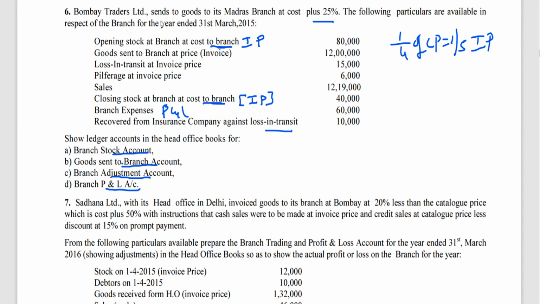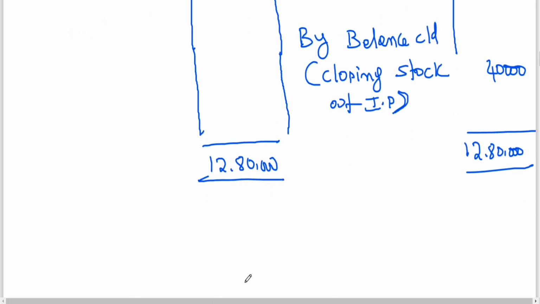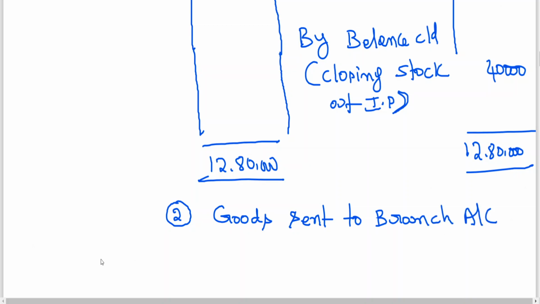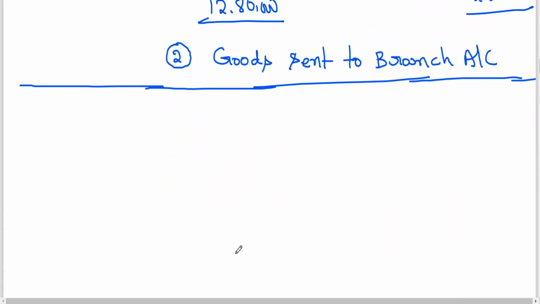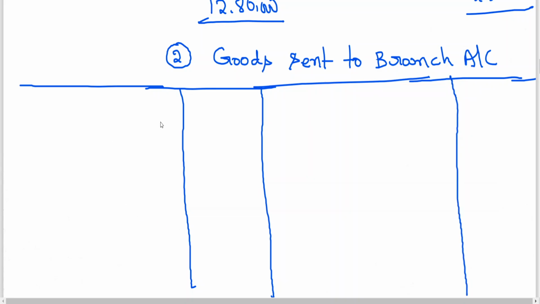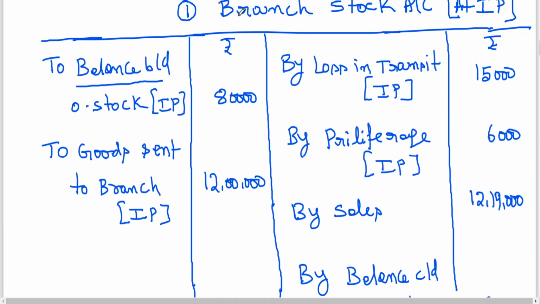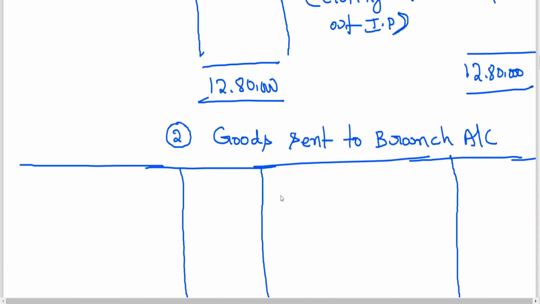Next, which account is asking you to open? Goods sent to branch account. So the first entry here we have written is branch stock to goods sent to branch.